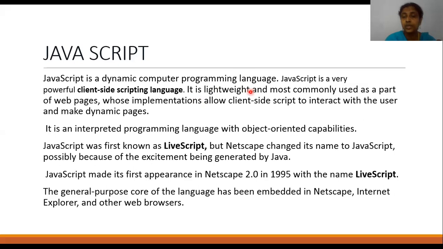It is lightweight, so it's not heavy software like Visual Basic or DBMS software like Oracle and all. Those are very heavyweight software, but this is very lightweight software which is a part of the web page. This kind of software can be executed along with your web pages. You can execute JavaScript along with HTML. Like an additional add-in, it will work.